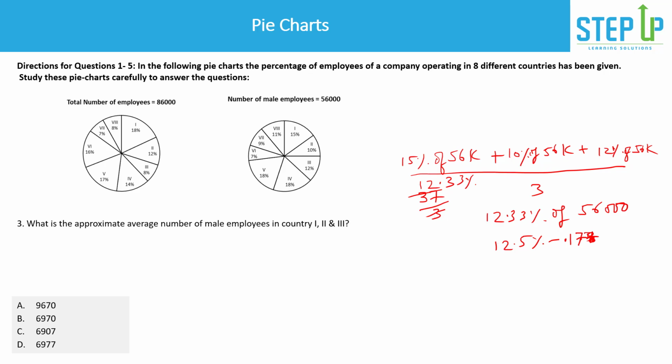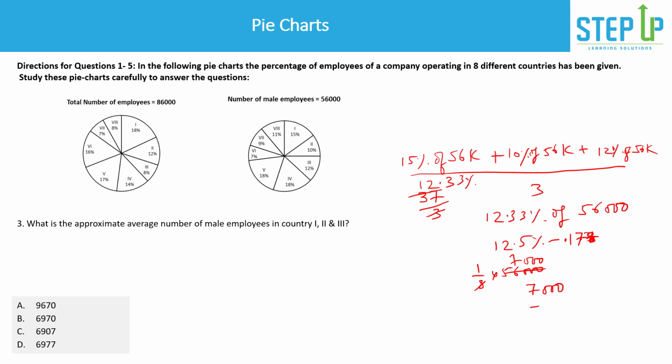So this is what is the ask. 12.5%, if you remember from our percentages chapter, is 25 and half of 25, that means half of 1 by 4. That means this is 1/8 of 56,000. Now 1/8 of 56,000, 8 into 7, that means this is 7,000. So all you have to do is 7,000 minus 0.1.